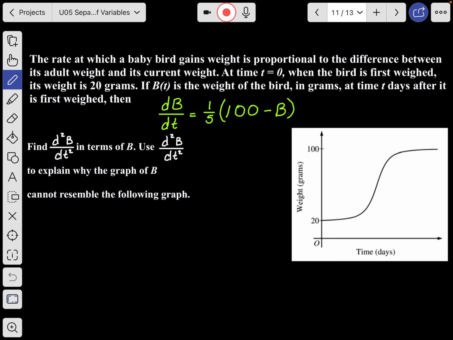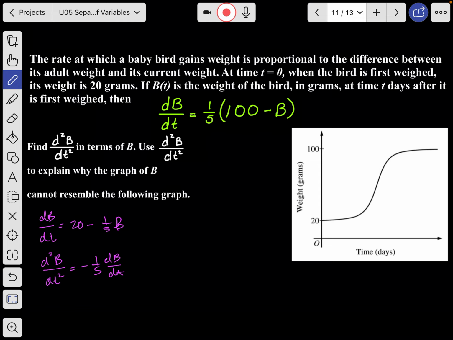Okay, so this last problem, it says to find d squared B over dt squared. So we want to find the second derivative in terms of the first. And so if this is our first derivative, let me go ahead before my pen runs out, distribute the 1/5, so that's 20 minus 1/5 B. And so d squared B over dt squared is equal to negative 1/5 dB/dt. Okay?